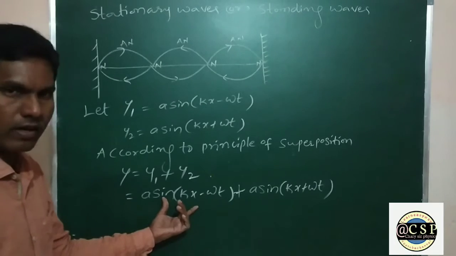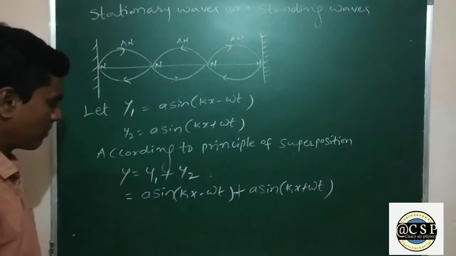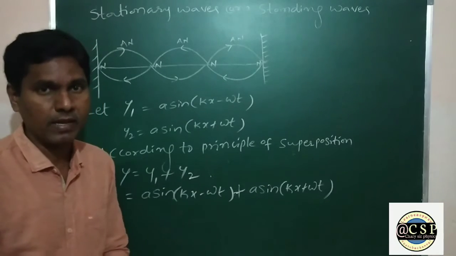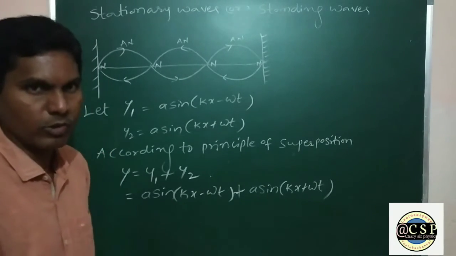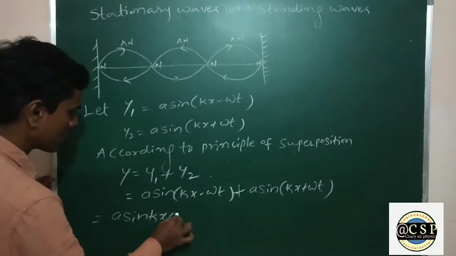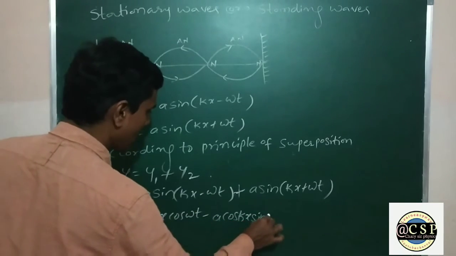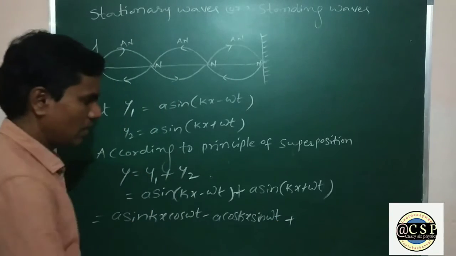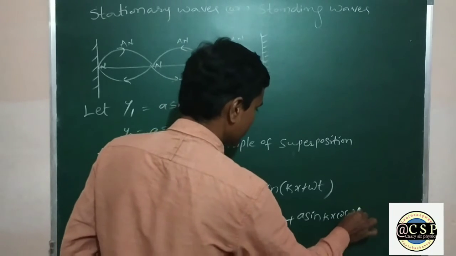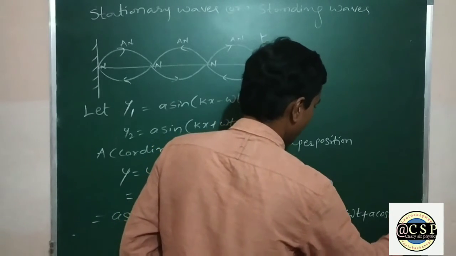It is in the form of sine of A minus B, and sine of A plus B. We know that sine of A minus B is sine A cos B minus cos A sine B. So that equals a sine kx cos omega t minus a cos kx sine omega t, plus, for sine of A plus B, a sine kx cos omega t plus a cos kx sine omega t.